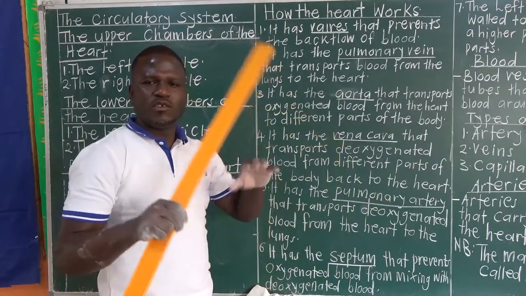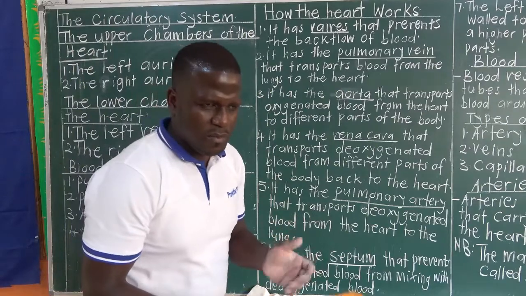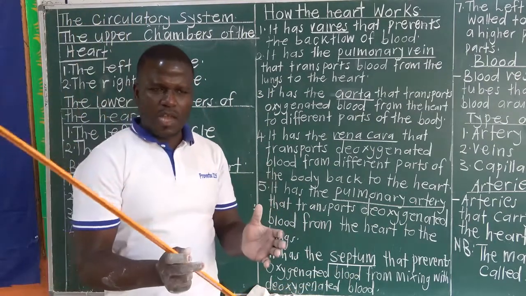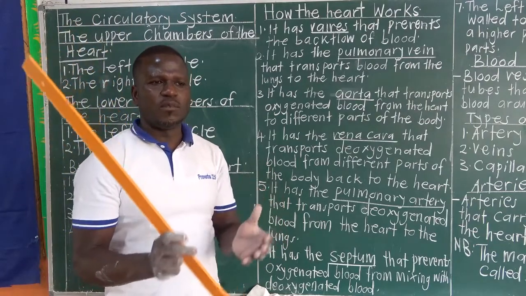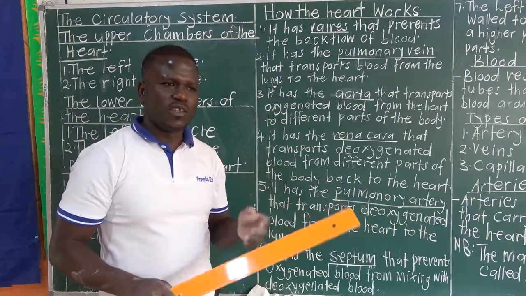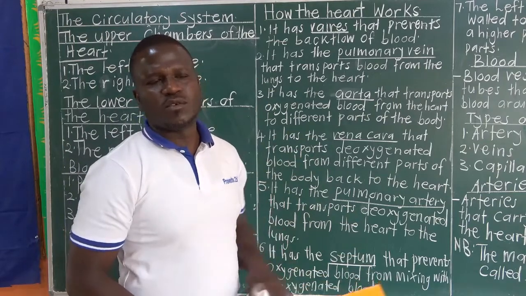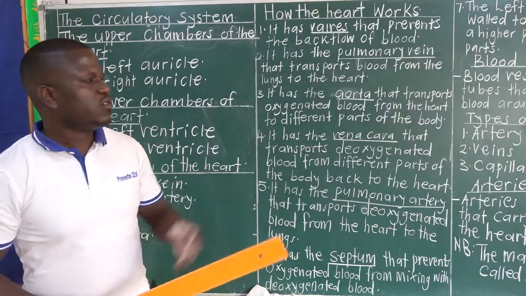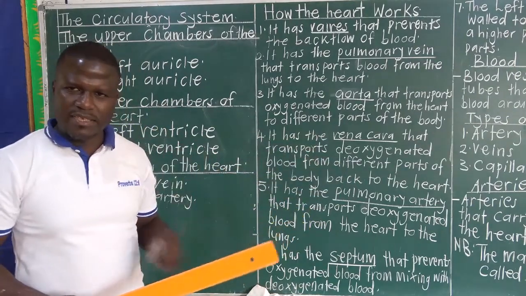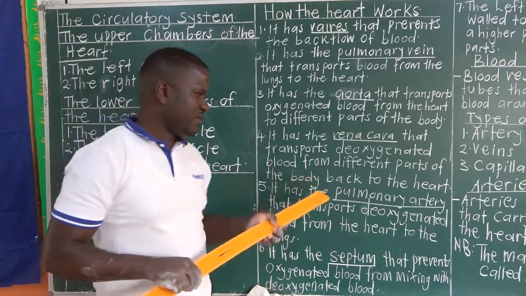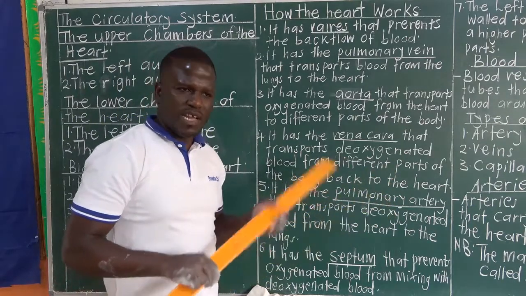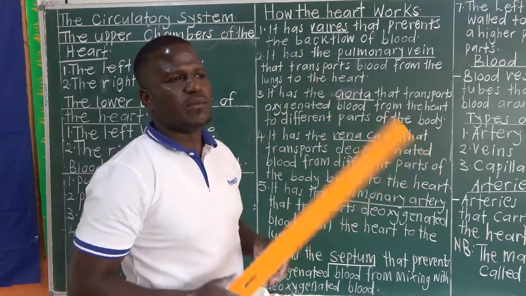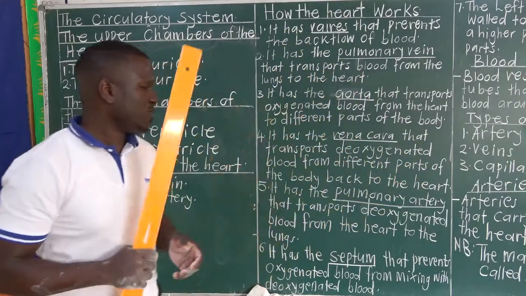Then when respiration takes place in different parts of the body, this respiration will use oxygen. And once oxygen has been used for respiration, this blood will lose oxygen and it will have a lot of carbon dioxide. So this blood will be called deoxygenated blood. So this blood has to come back to the heart through the vena cava. And so that means that the vena cava transports deoxygenated blood from different parts of the body back to the heart.